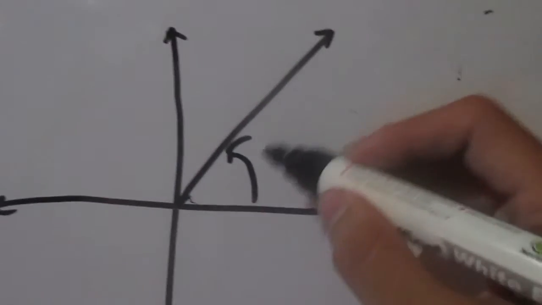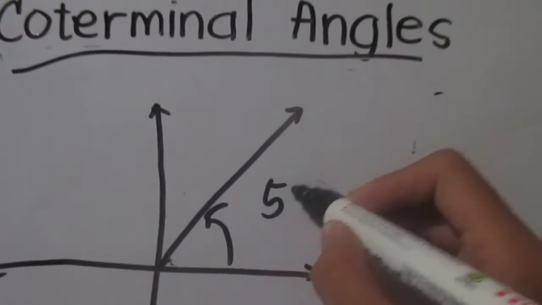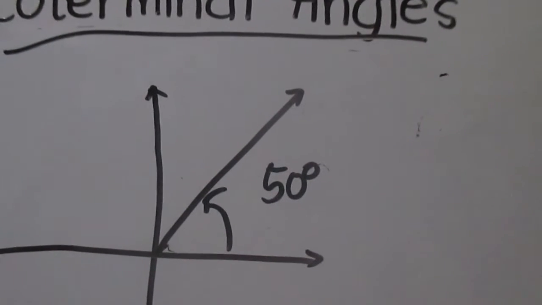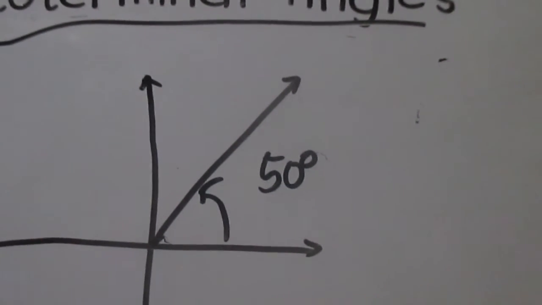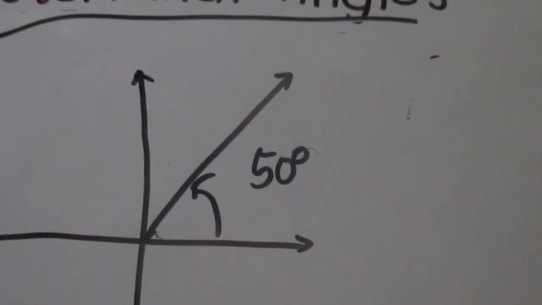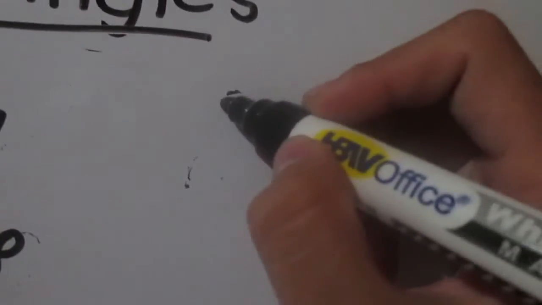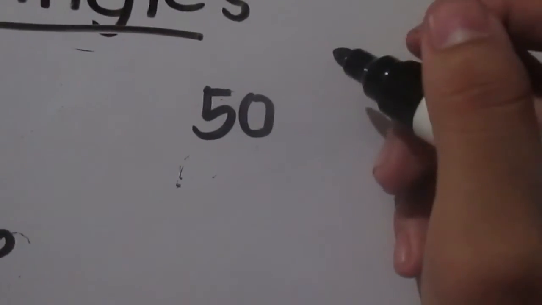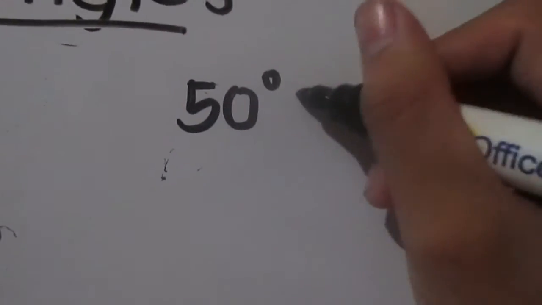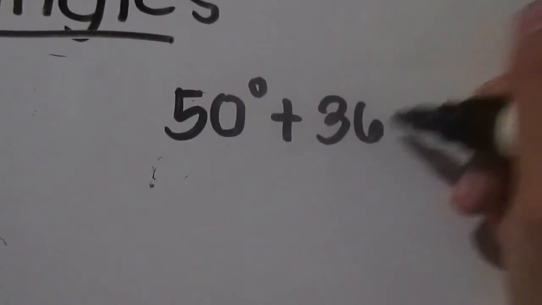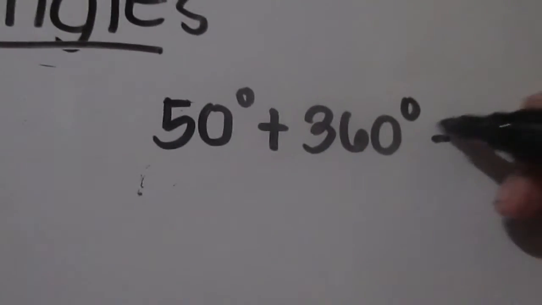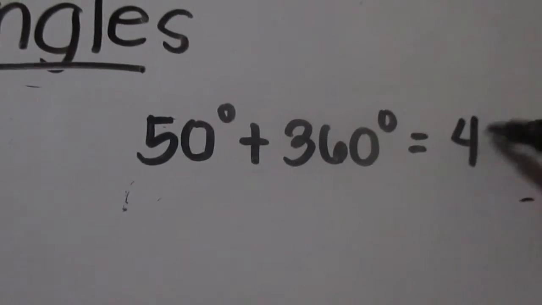So for example, this angle measures 50 degrees. How are we going to find the positive and negative coterminal angles of 50 degrees? Here it is. Just simply add or subtract 360. So we have 50 degrees plus 360 degrees is equal to 410 degrees.